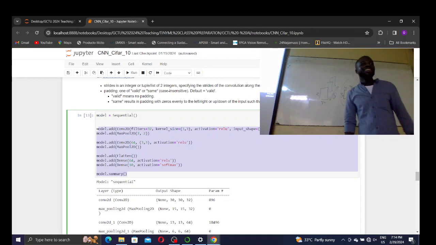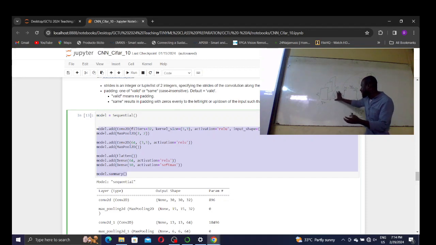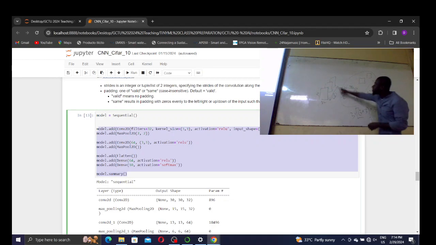So let's go, and then we are not even done yet. If my filter is 3 by 3 by 32, and the input size is 32 by 32 by 3, it means that I will take this 3 by 3 by 32 filter and convolve it with the first one, then another different one and convolve it with the second one, and another different one with the third one.